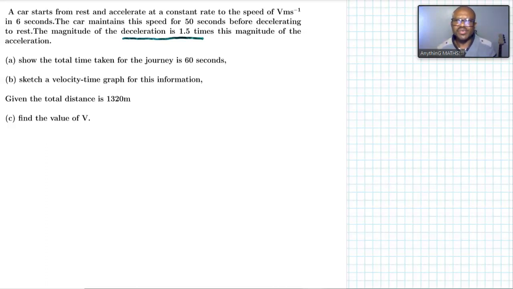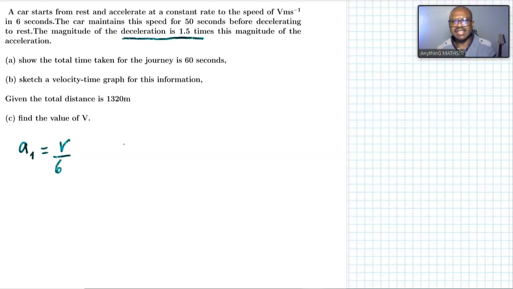Now, we know it took 6 seconds to reach V and it maintained that for 50 seconds. So the last seconds are used for the deceleration to rest. The first acceleration, let's say, is A1. A1 is the change in velocity over time, so it's going to be V over 6.